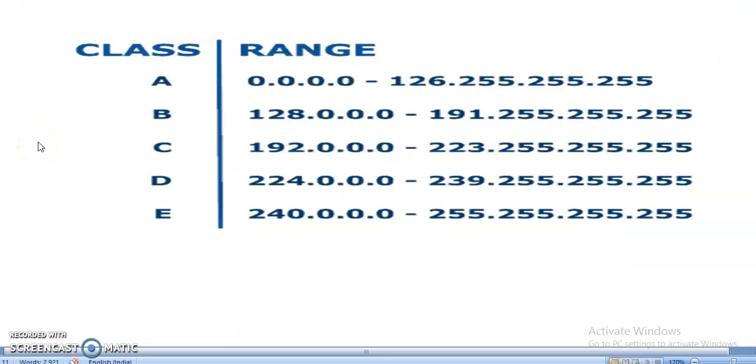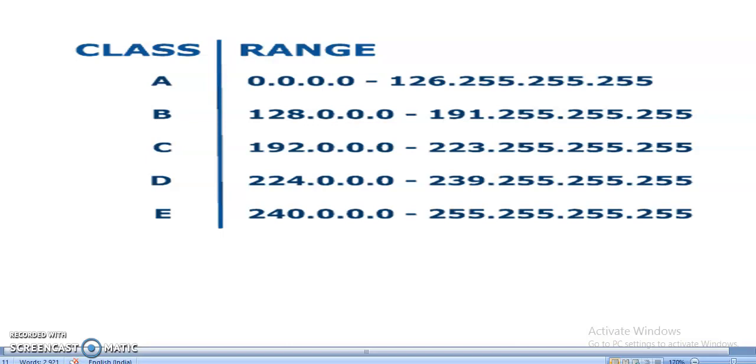Next, let us see how the class ranges are given to IP addresses. Class A has 1 octet for the network and the rest 3 for the host ID, so it has a range from 0 to 126.